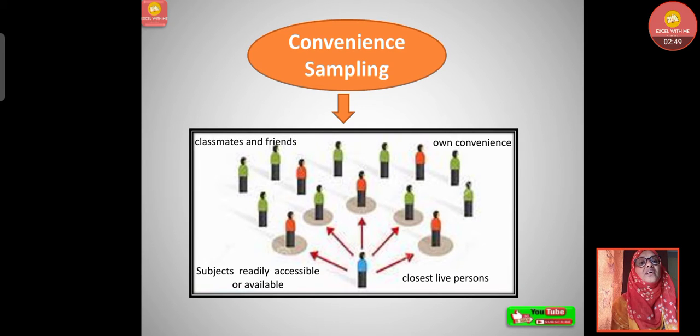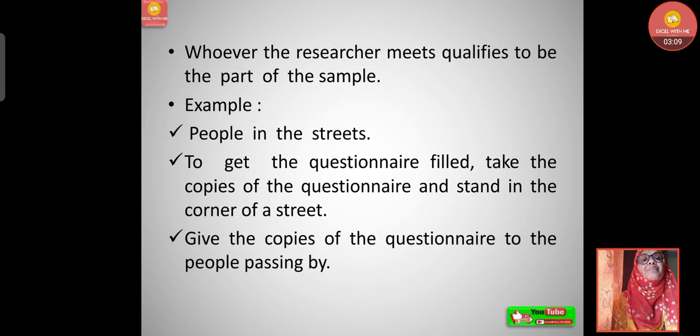Here you can see in convenience sampling, the researcher in the center conveniently approaches those who are near, maybe classmates and friends who are readily accessible or available. Whoever the researcher meets qualifies to be part of the sample.